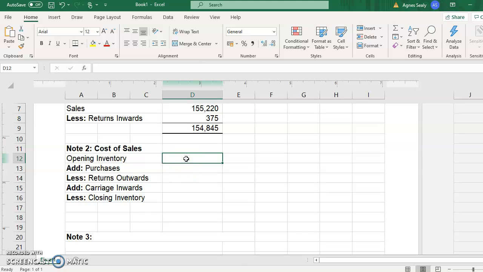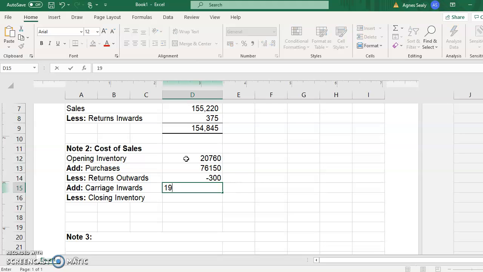So opening inventory, $20,760. To that, we are going to add $76,150. We're then going to subtract $300, and we're going to add the $190 and subtract the $19,250, which is our closing inventory.